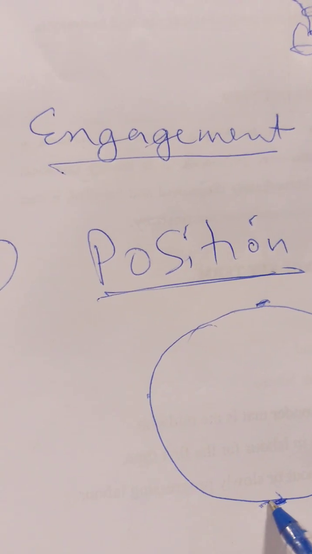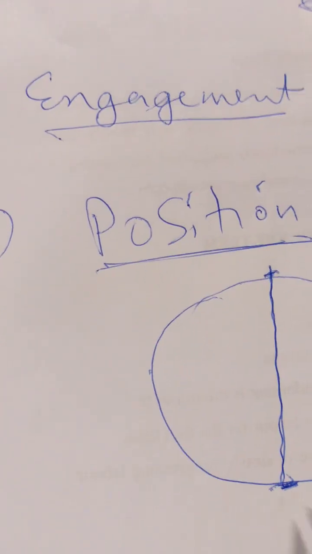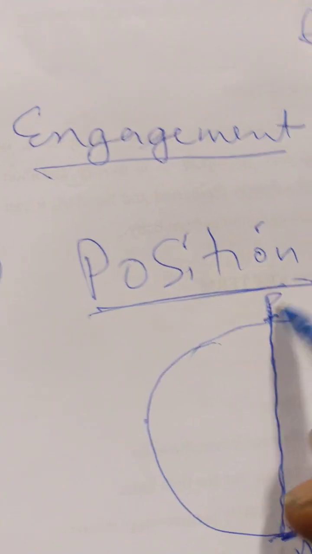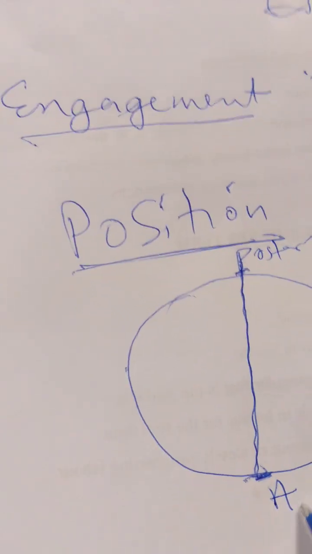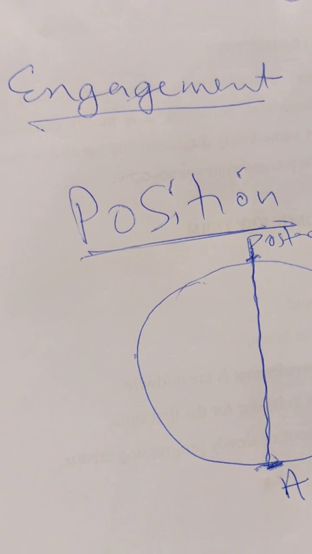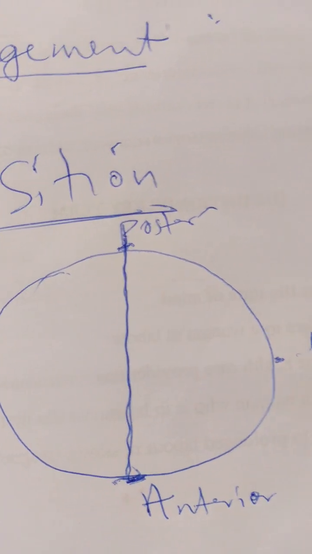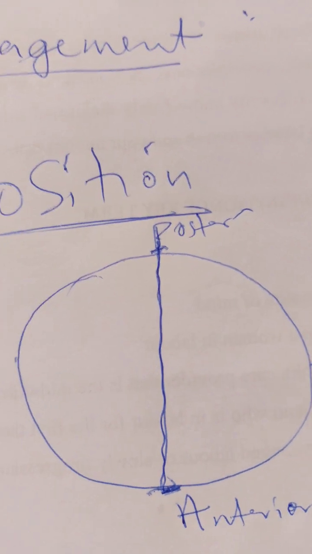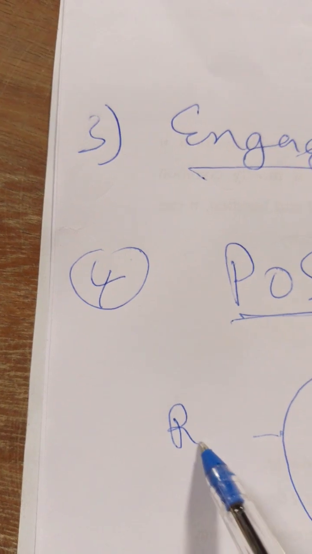Now, this dimension from front to back is what we refer to. So here is anterior, and there is posterior. That's behind, and this is anterior. That is in front. But then we have the left side, left lateral, and then this other way we have the right side.